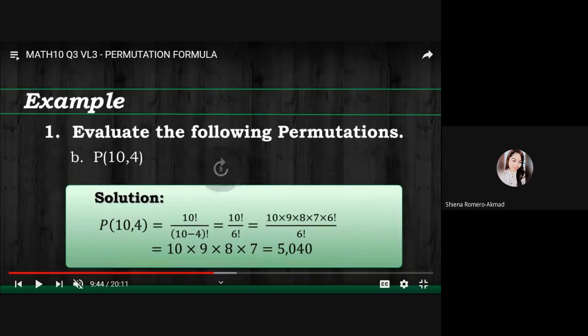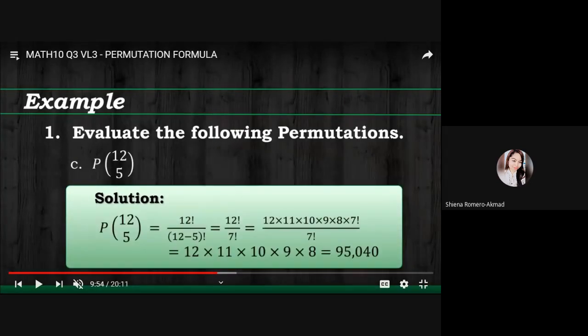Number 2 is 5,040. O bakit yung sa inyo kanina? Iba po yung ginawa nila. Kinancel na yung 7.